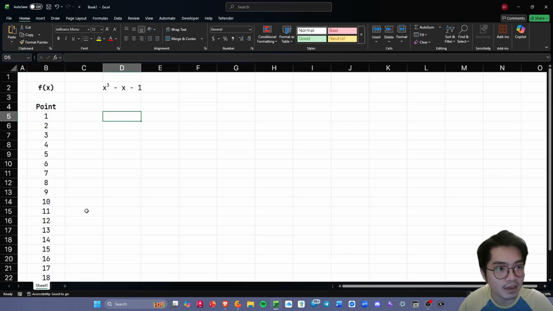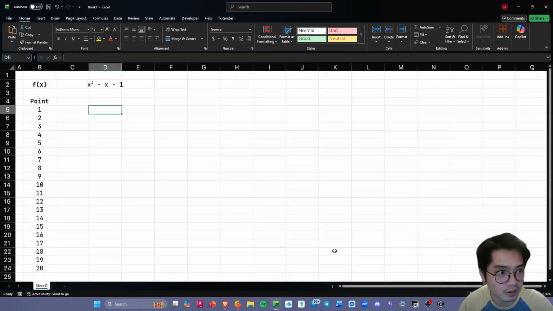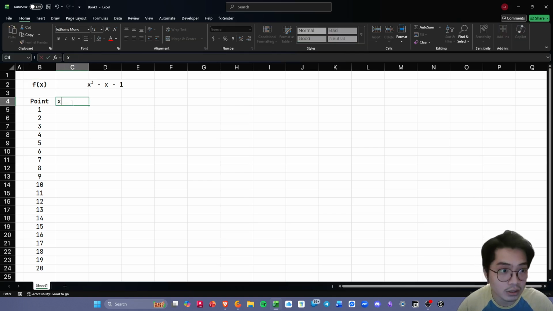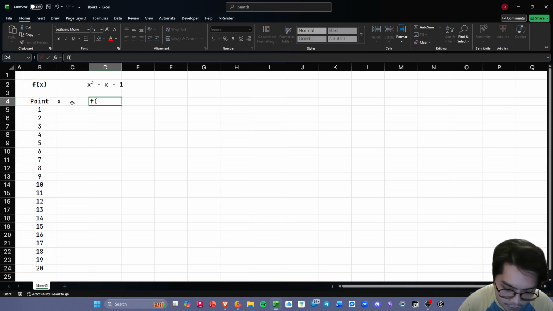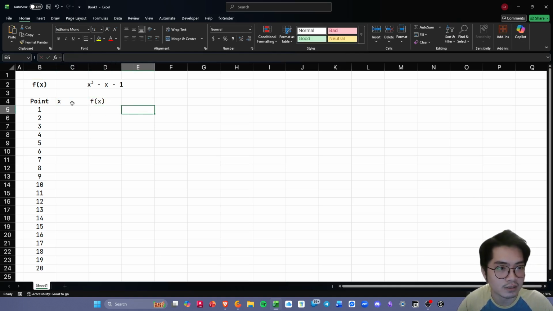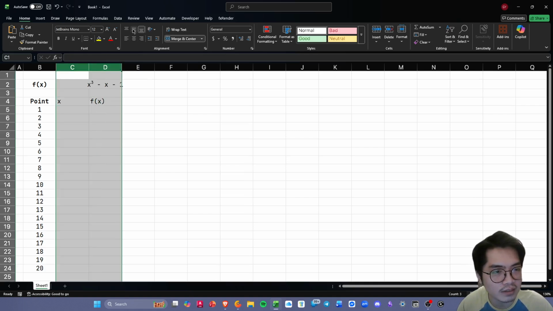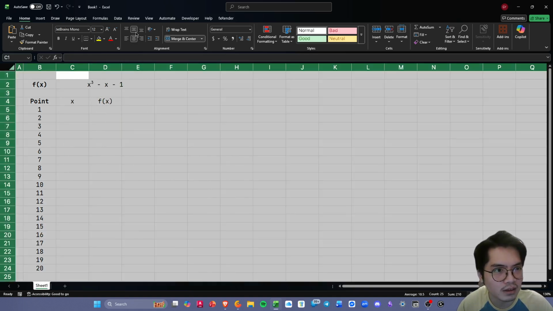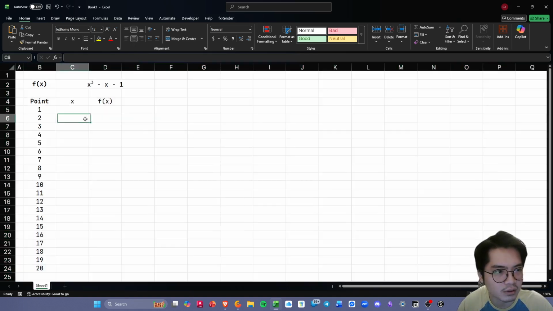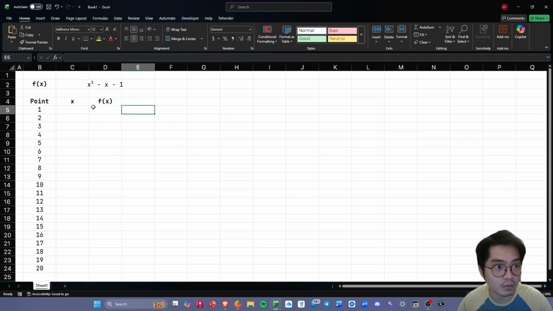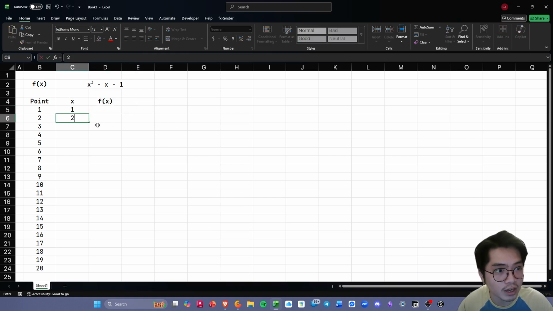Point, and then let's make this a little bit smaller. And then now what we will have is x, and then your f of x. What we want to do is 1 and then 2. That's going to be our 2 points right here. Or, you know what?